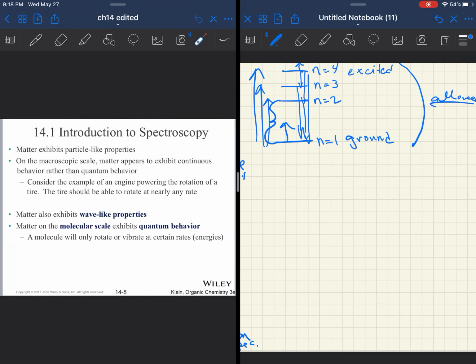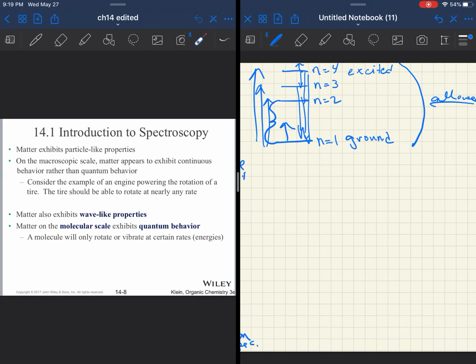Okay, so on the macroscopic scale, when you're looking at matter, we tend to think of it as exhibiting continuous behavior. If you have a tire and you apply some energy to make it rotate, you can make it go any speed, from 0 to whatever your max is, and anything in between.